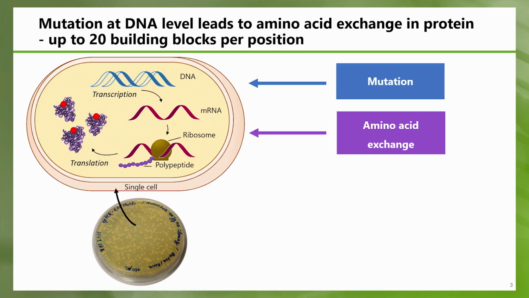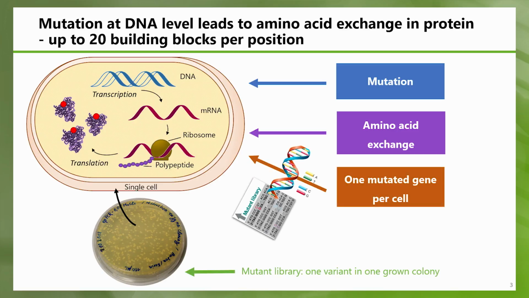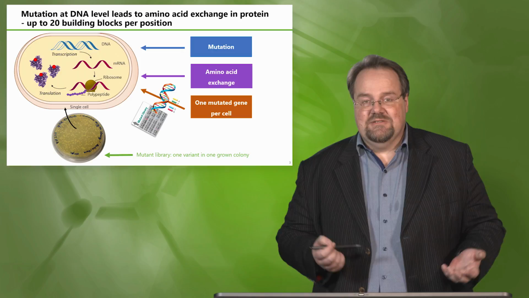And what is quite interesting is that for every mutant that we obtain, we have only one variant in there. So every colony that grows on an agar plate at the end encodes the same mutant variant. Why is this the case?